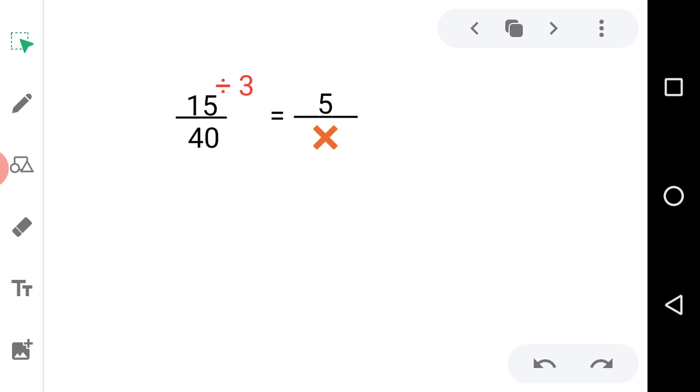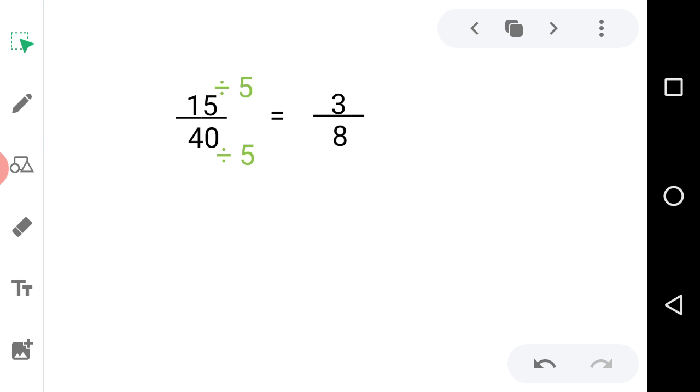So see here, 15 and 40 both are divisible by 5. If we divide 15 by 5, we get 3. And if we divide 40 by 5, we get 8.